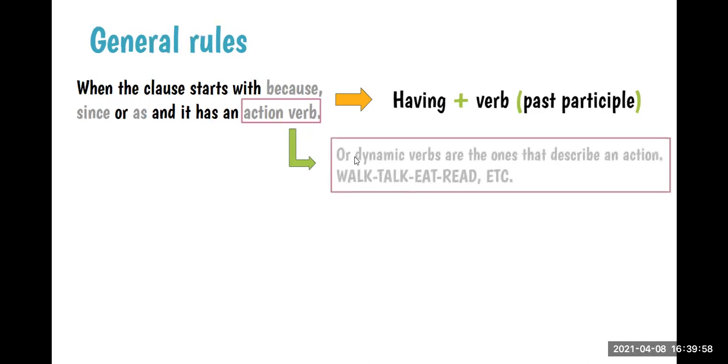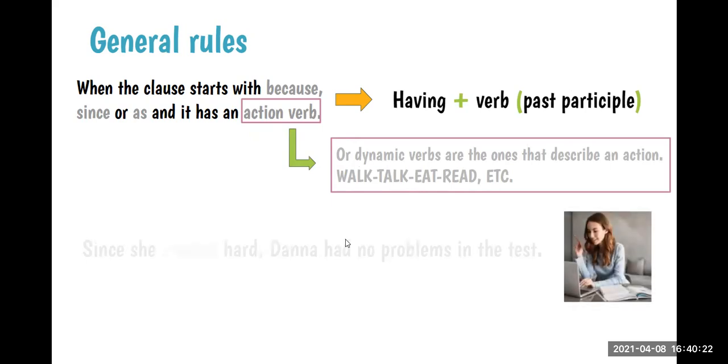These are called action verbs or dynamic verbs, okay? And these are the ones that describe an action. Remember, we said last class that some of the action verbs that we have in English are walk, talk, eat, read. All these verbs describe an action, right? So these are action verbs, okay?